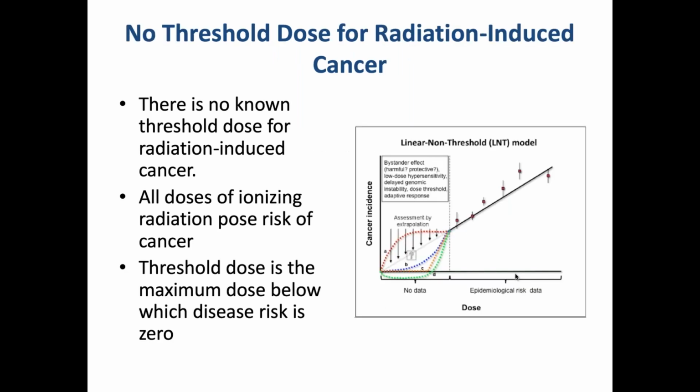So there's no threshold dose for radiation-induced cancer. Similarly, asbestos has no threshold effect. There is no level that doesn't increase your risk for cancer. Very little exposure means you have a much lower risk, but you're never at the point where it's zero risk.